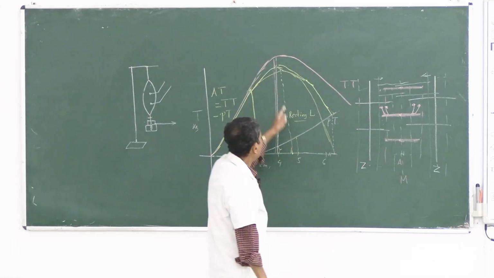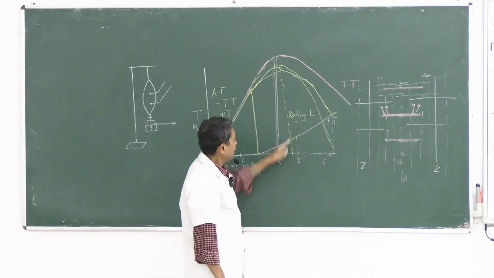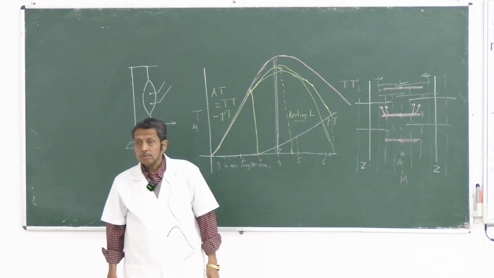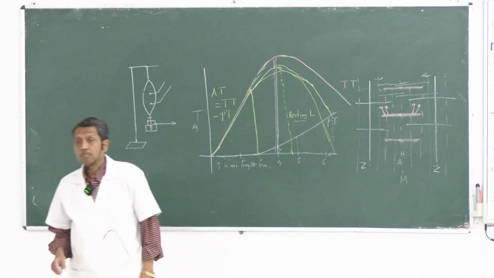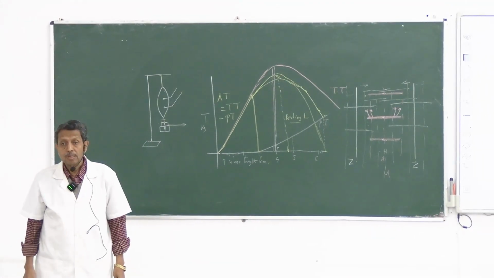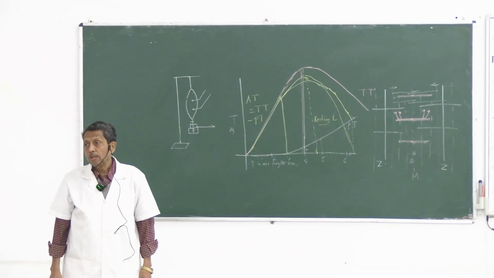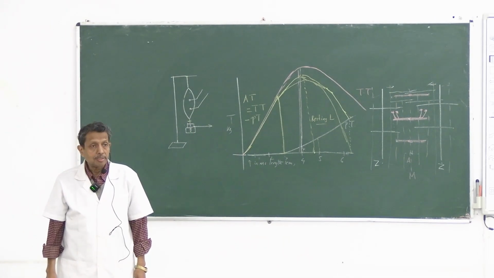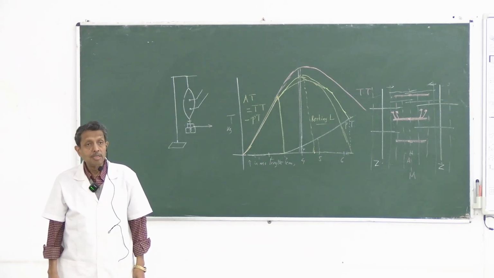So at this optimum length, that is called the resting length, the force is maximum. So that is the explanation. 1.2 μm or so is the sarcomere distance at resting length. This is the length-tension relationship.